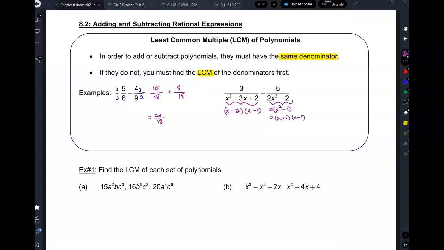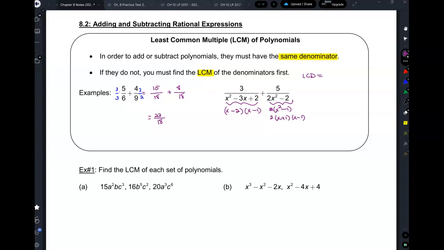All right? So now, what's going to be the least common denominator? So basically, take a look at what we have here, right? What do we have here? We have in here an x minus 2 and an x minus 1. Here I have x minus 1, x plus 1, and a 2.